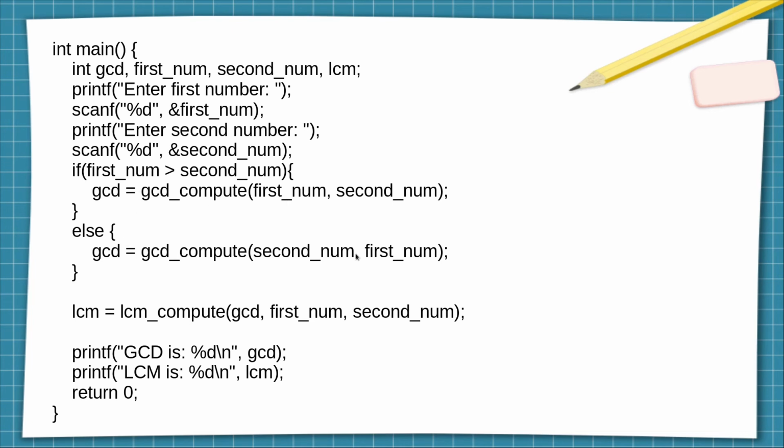Otherwise, we'll send the second number which is greater and the first number which is smaller to GCD compute in the reverse order, and the GCD is computed and stored in the variable named GCD. Now for the LCM, we call the LCM compute function, in which we supply the value of GCD, the first number and the second number. So the LCM is stored in this LCM variable. Now we print their values.